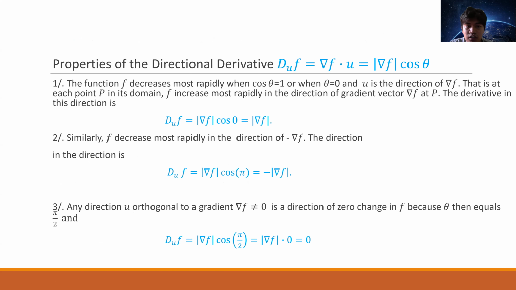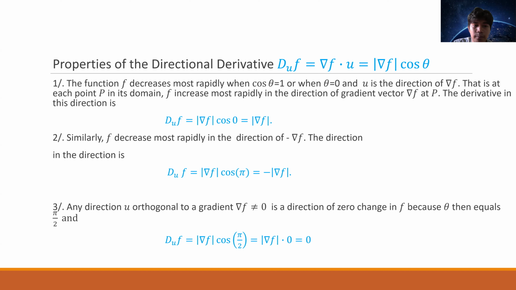And here are some properties of the directional derivative. One, the function f increases most rapidly when cos theta is equal to 1, or when theta is equal to 0, and u is the direction of the gradient vector. That is, at each point p in the domain, f increases most rapidly in the direction of the gradient vector at point p, and the derivative in this direction, the directional derivative of f in the direction of u, is equal to the absolute value of the gradient vector times cos 0, which is equal to the absolute value of the gradient vector.